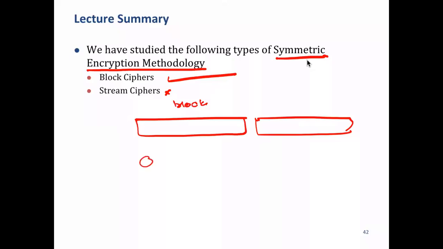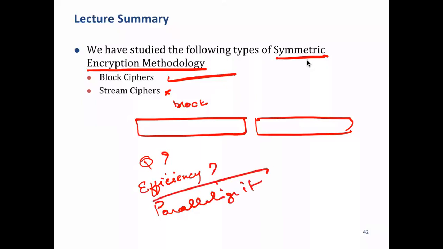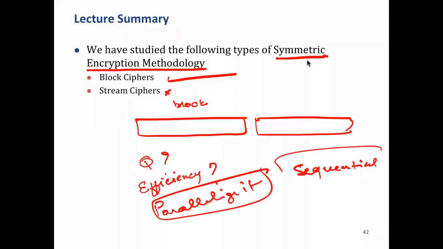That's one question. The second thing is, what is the efficiency? Can we parallelize it? Is the algorithm absolutely sequential? Some of these aspects we will see in the next class.